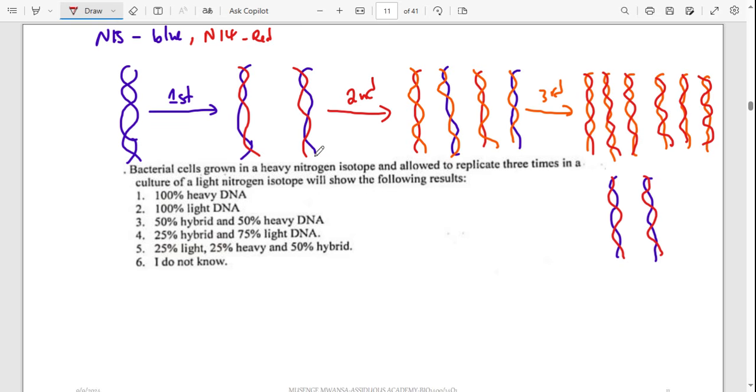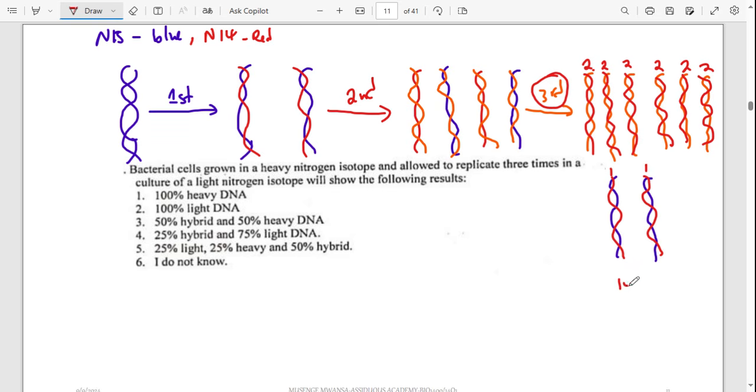So now what can you notice? Remember, this is after the third replication, and that's the question we have. How many red strands can you see? And remember, in each one of these, you have got two molecules, right? So you have got 2, 4, 6, 8, 10, 12, and then 13, 14.